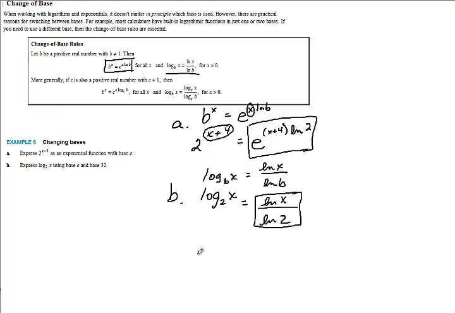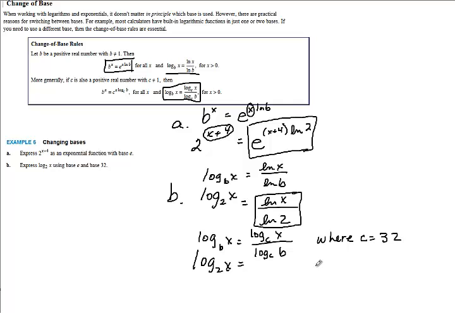So now let's write log base 2 of x equals, let's write down this next rule. They want me to use log base 32. I always like to write these over so I can figure out which number goes where. So log base c of x over log base c of b, where c equals 32.